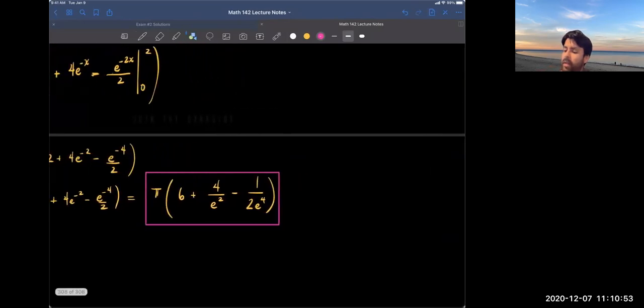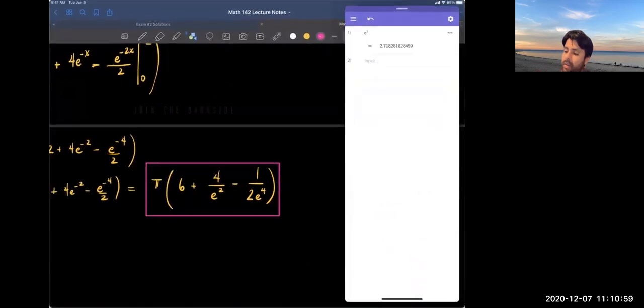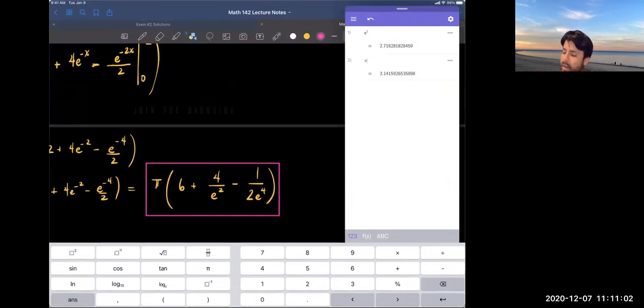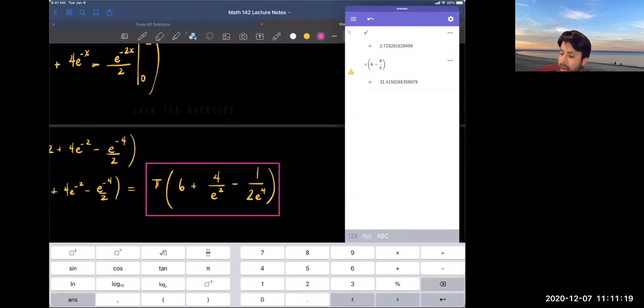Do we all agree? And just to see what this is, we got pi times (6 plus 4 divided by e squared minus 1 divided by e to the 4th).